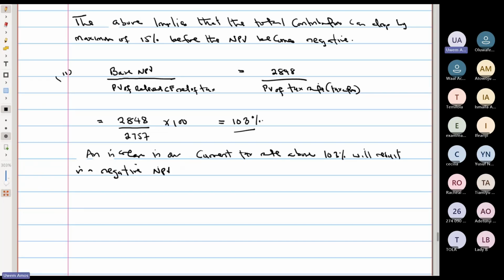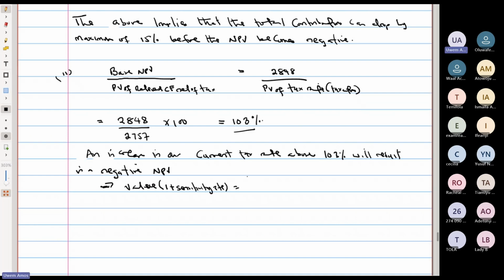So let's add one more step. It's not part of this question. Currently it is 20%. An increase of 103% means, what is the maximum our tax rate will be? Pretty straightforward. That would be the value times (1 plus the sensitivity rate).